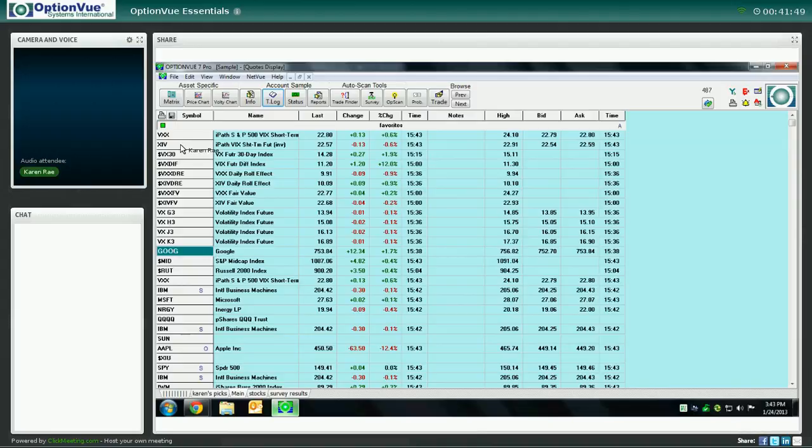We at OptionVue are going to track these with you, and once a month minimum we're sending you a commentary the first of each month about what the XIV and VXX have done. And if these indicators cross during the month to where there's a sell signal if you bought, or a buy signal if you sold, depending on if you're long or short, we'll give that commentary and that alert to you during the month as well.